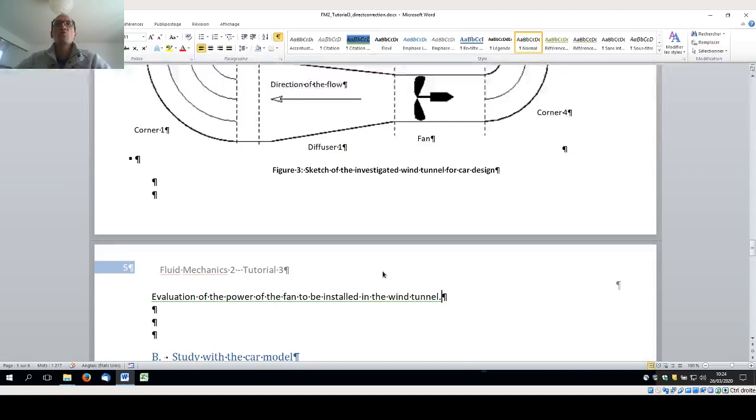So we want to evaluate an electrical power here. A notion of power is something which is associated to energy. We are following an energetic point of view.